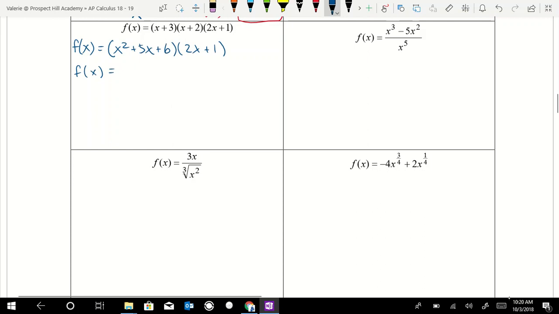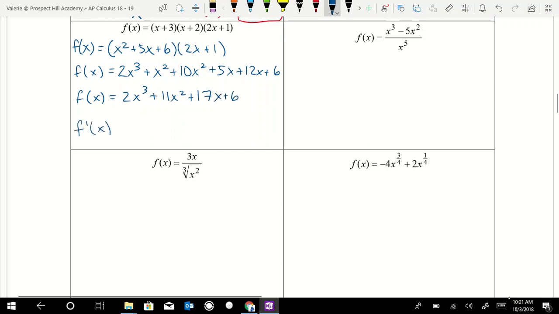When we multiply that out, we get 2x cubed plus x squared plus 10x squared plus 5x plus 12x plus 6, which we can simplify to 2x cubed plus 11x squared plus 17x plus 6. And when we find the derivative of that, f prime of x is going to equal 6x squared plus 22x plus 17.